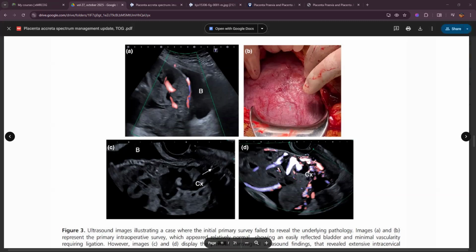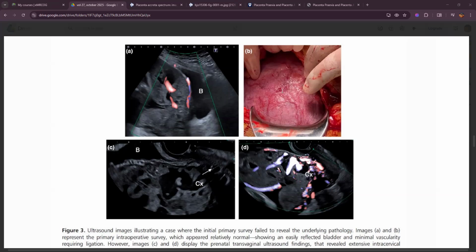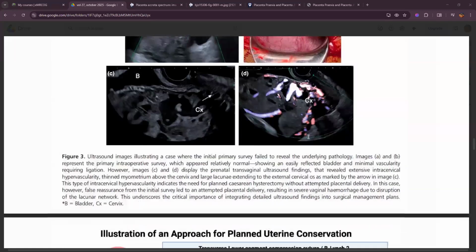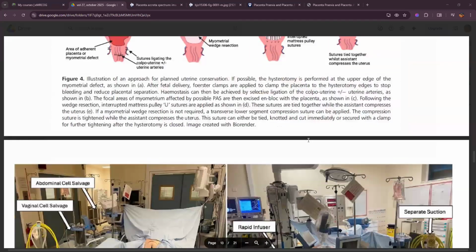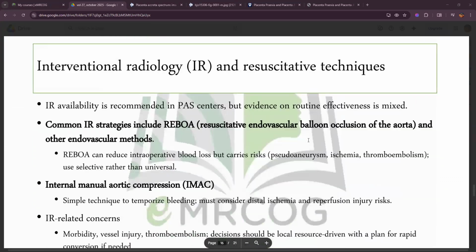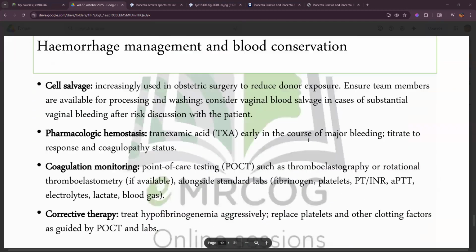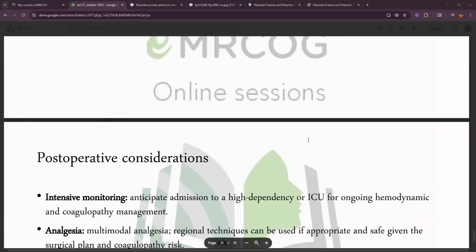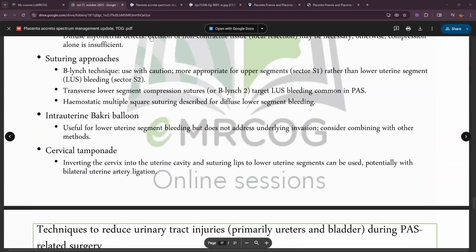This placenta is not invading high. Okay, so this is typically normal. I can show you the abnormal. Is it here or in the other one? Yeah, in the other one.